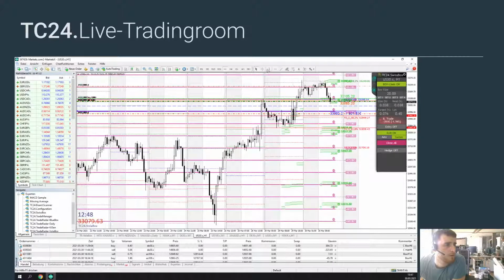So nice. Seems to be a nice supporting area here.